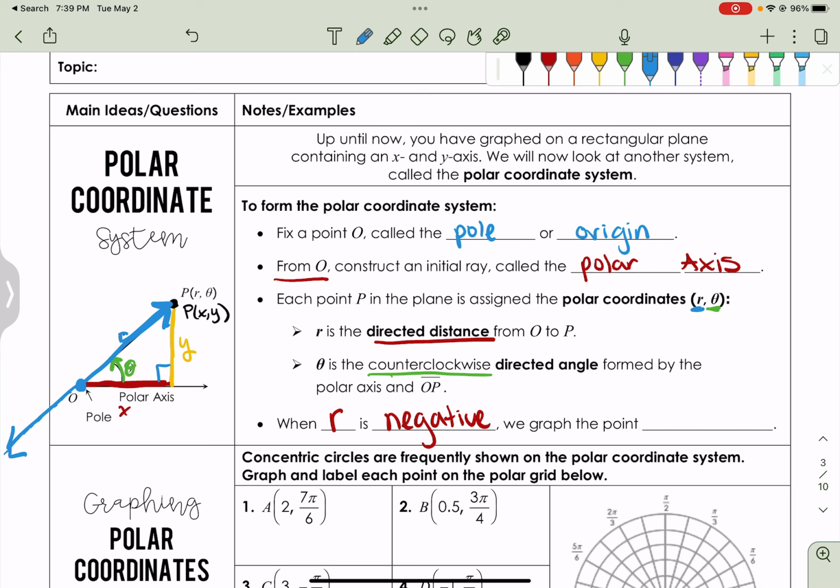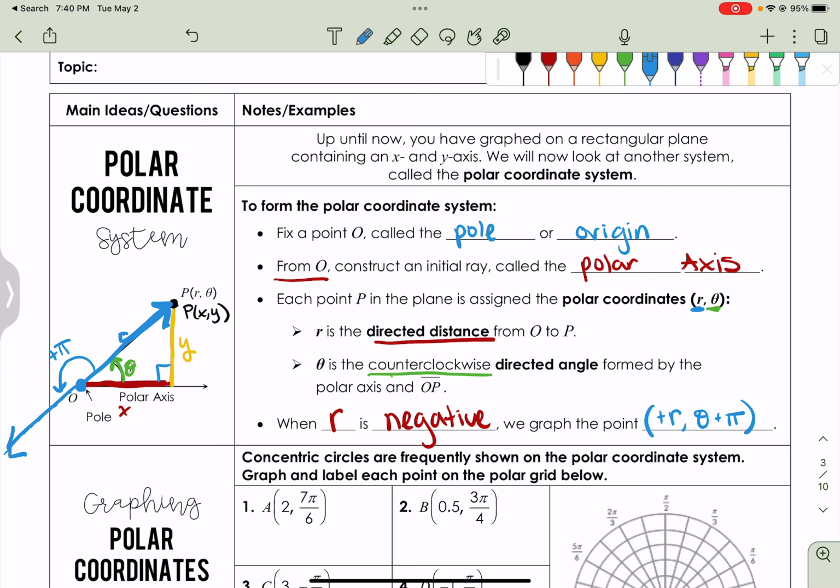So negative r theta means open to that theta and then open pi more. So we'll graph the point with the positive r and then theta plus pi. We need to go pi more to end up on that linear pair back in the opposite direction from the pole than we would usually go.